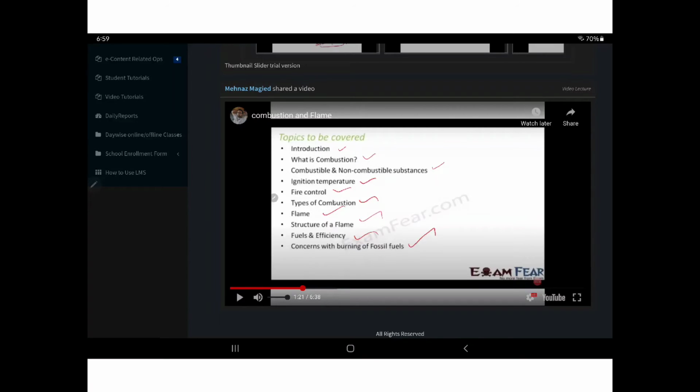Water is the most common fire extinguisher, but it works only on things like wood and paper. However, if a fire is caught on electrical things, what will we do? We can't sprinkle water there because we will get an electric shock.